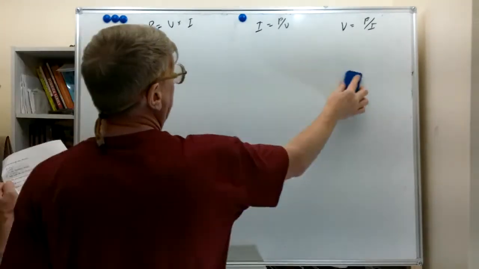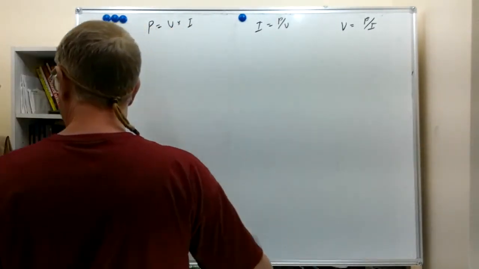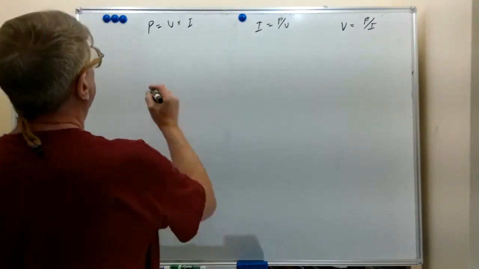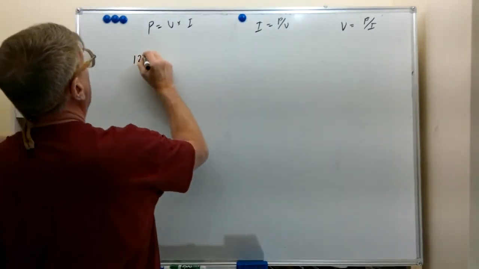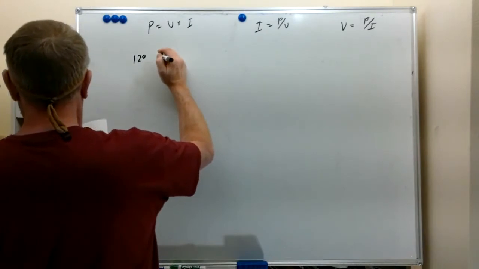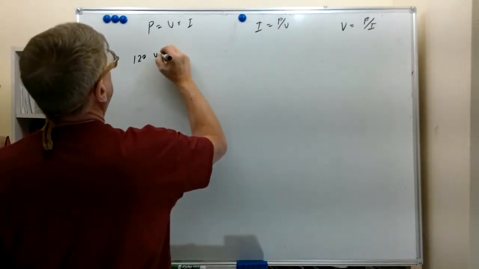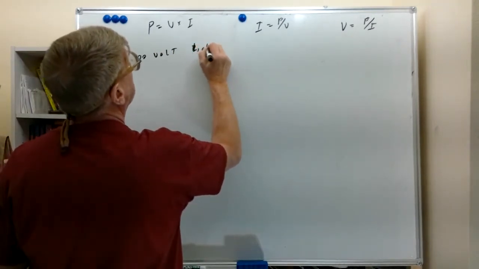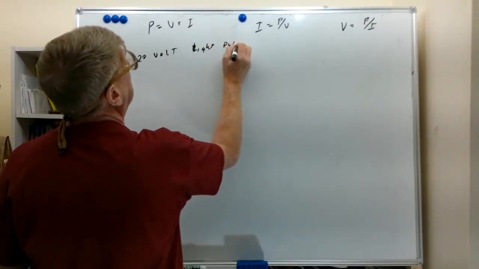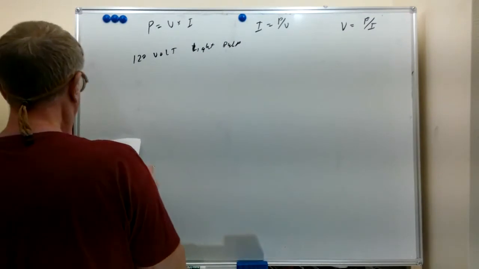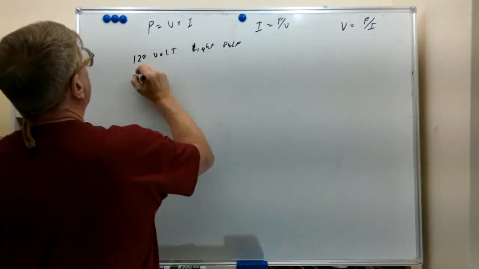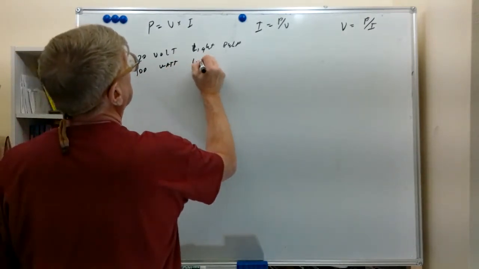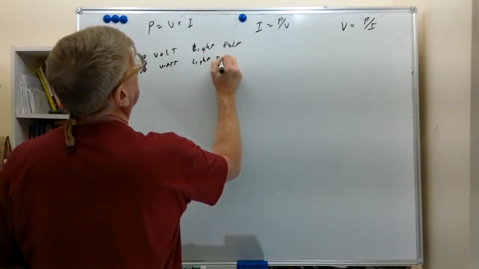We'll give a couple more examples here. We got a 120 volt light bulb. And it's a 100 watt light bulb. What would be the current?